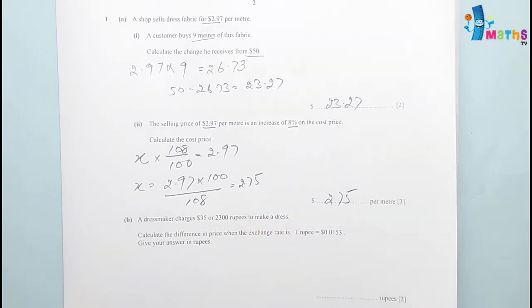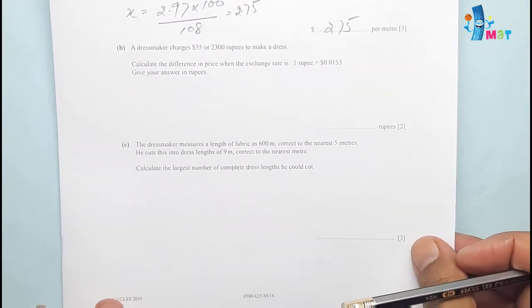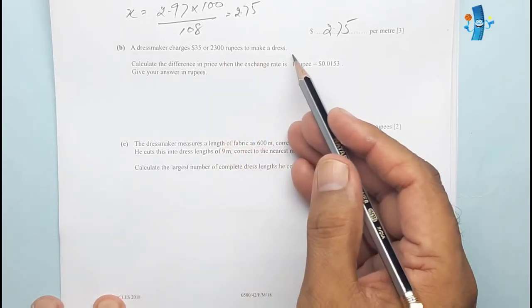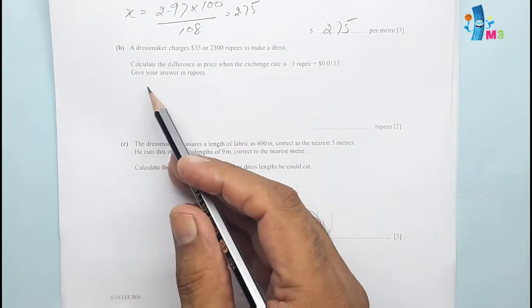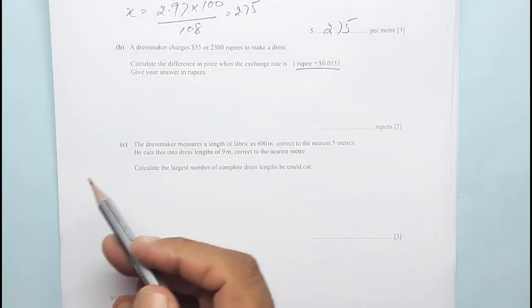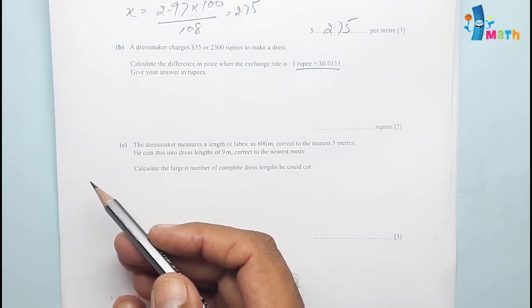A dressmaker charges $35 or 2,300 rupees to make a dress. Calculate the difference in price when the exchange rate is 1 rupee is equal to 0.0153 dollars.